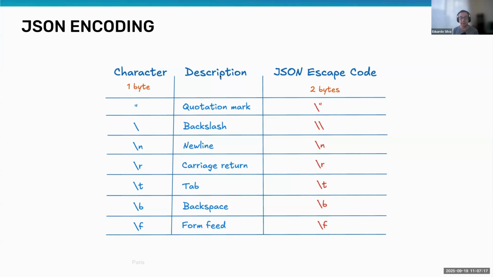For example, JSON does not allow the ASCII line break, the \n, directly as an ASCII code. You have to escape it with, of course, a backslash. And the same thing happens with any type of character. So everything that should be one character becomes two.